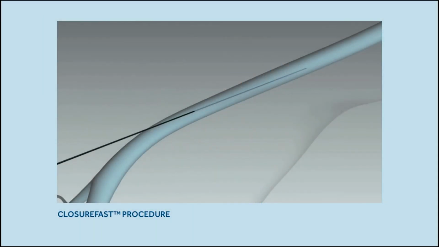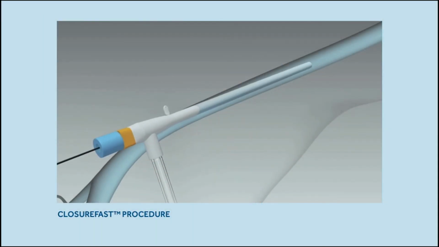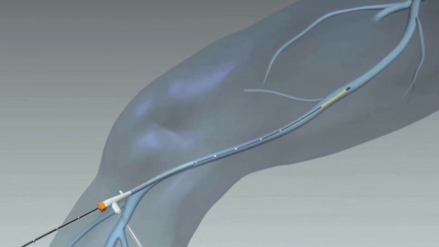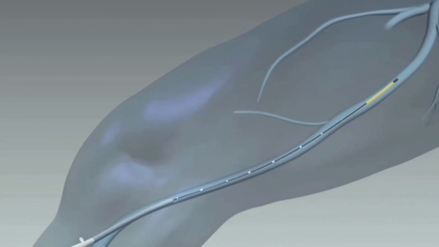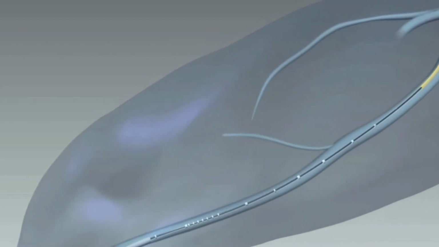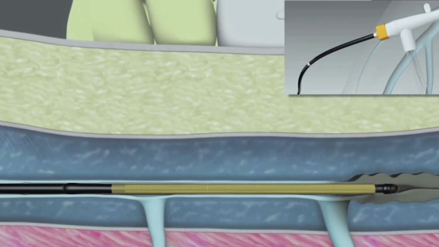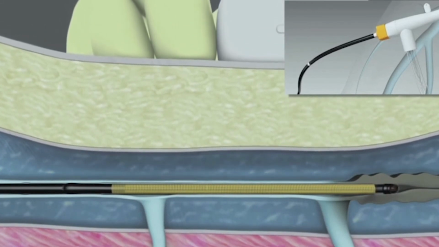Using a small catheter, we make a small incision and access that main greater saphenous vein down by the knee. We advance a catheter up through that vein, which the patient can't feel, and we put that catheter right before the superficial trunk drains into the deep system.